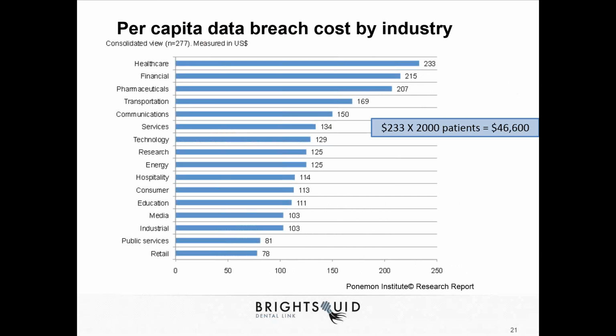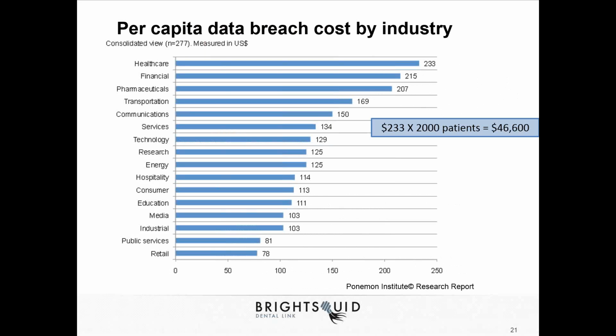From the experience that we've had, the practice who lost the data has to pay for free credit monitoring. At a cost of $10 to $20 to $30 per patient, they need to run a credit check to make sure that if that information was compromised, it would be found out through that credit check.